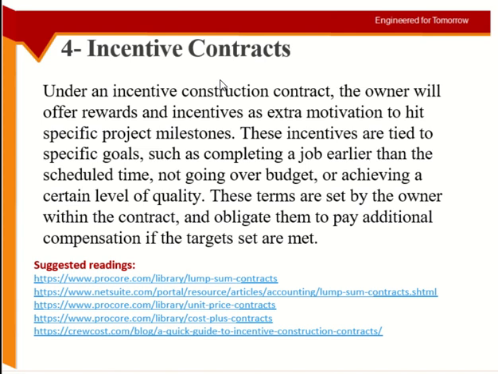Okay, so the incentives can be given for doing it early, for not going over budget, or for providing high quality of work. So for quality, for time, for budget, it can be for any of these things. But these clauses are set in the contract, and then you set up targets.